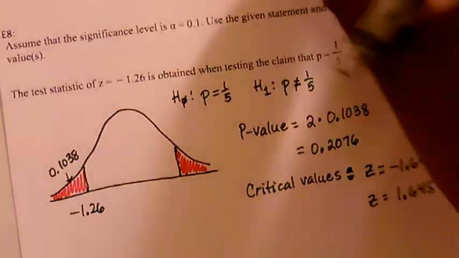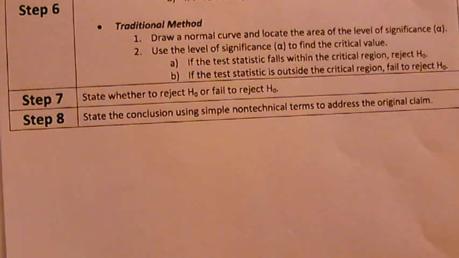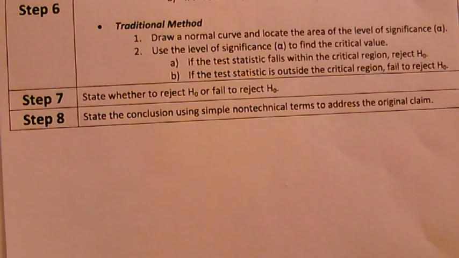Okay, now the next thing I need to cover is steps 7 and 8 on your procedure for hypothesis testing. And step 7 is just simply stating whether to reject the null or fail to reject the null hypothesis. Okay, so here you're going to be making a decision.